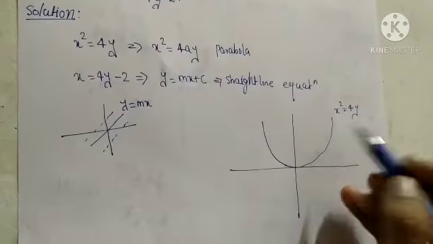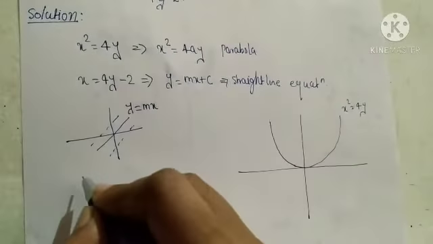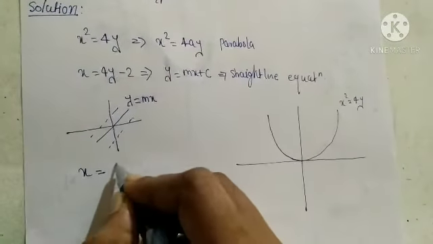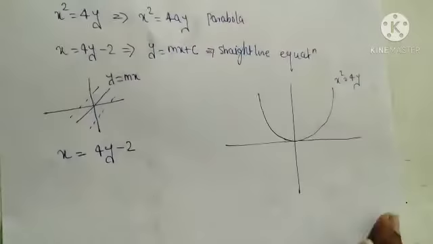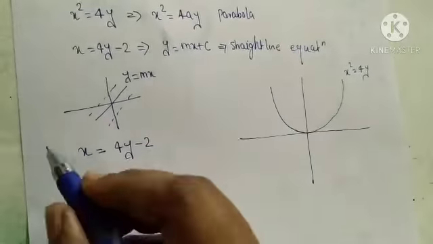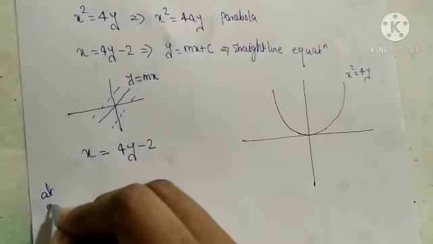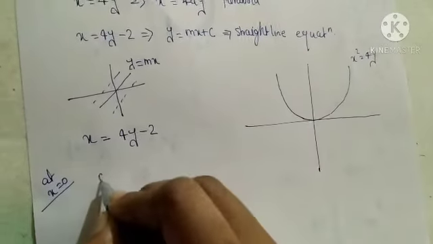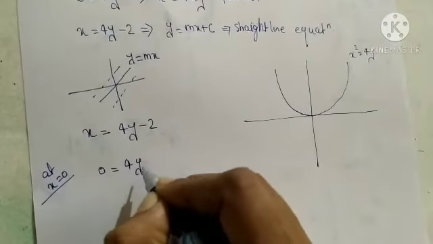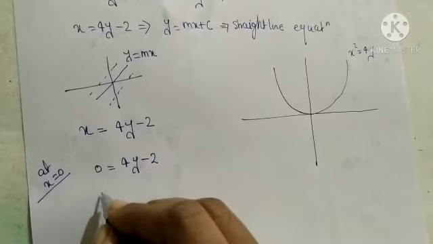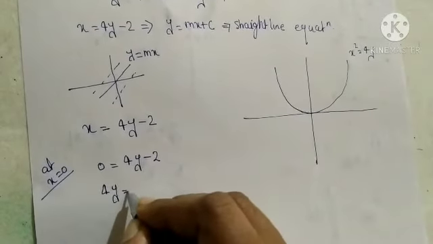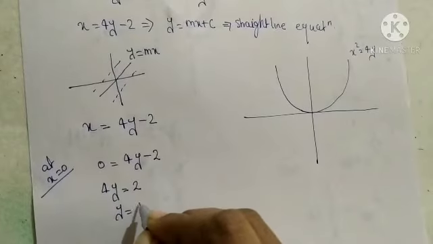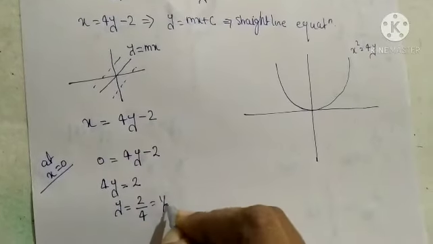Given that our straight line is x equal to 4y minus 2, we need to find points. First of all, put x equal to 0. Here we get 0 equal to 4y minus 2. From this, 4y equal to 2, or y equal to 2 by 4, or 1 by 2.